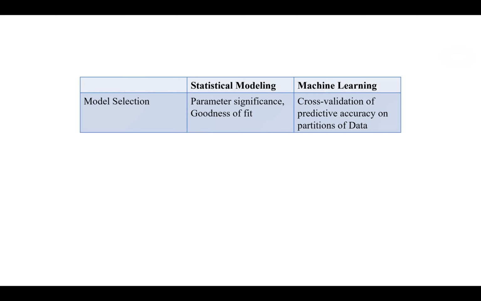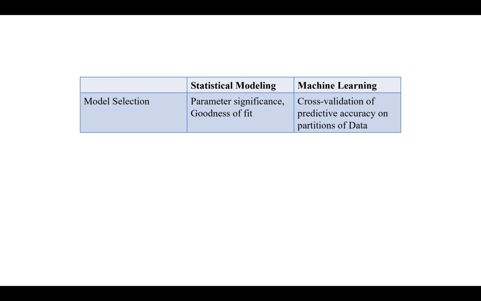So how are we able to select the best model in statistical modeling and in machine learning? In machine learning, we are learning from the data, so we have no underlying distribution. When it comes to selecting the model, in most cases we use cross-validation of predictive accuracy on partitions of the data. However, in statistical modeling, we look at the significance of parameters.